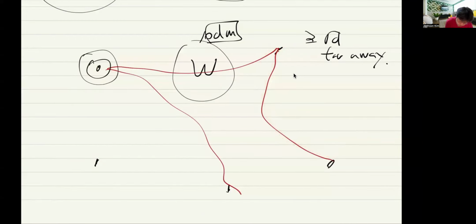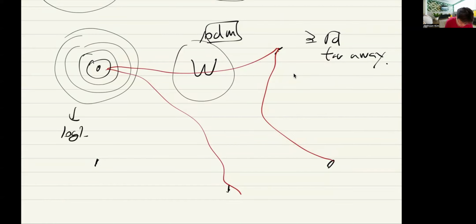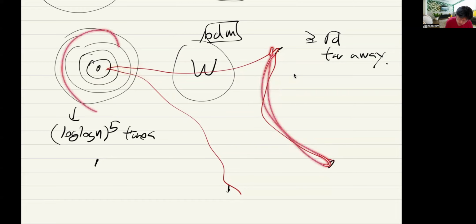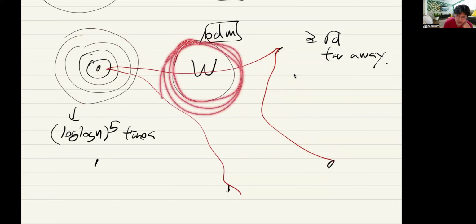So if you grow this, say, log n to the 5 times, it will never see vertices from here. It will see some vertices from this path, but this path you will never see because they are far away. So you can build the path in such a way. Then you don't have to avoid entire W.